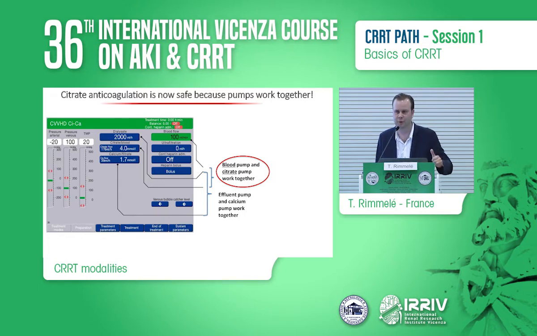You have the citrate pump working with your blood flow pump, and you have your calcium pump working with your effluent pump. So a good way to decrease the amount of citrate that you give to your patient is to work with a low blood flow rate, correct? If I decrease my blood flow rate, I'm going to decrease the amount of citrate I'm going to give to my patient.